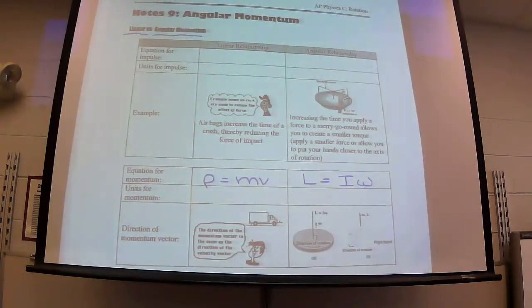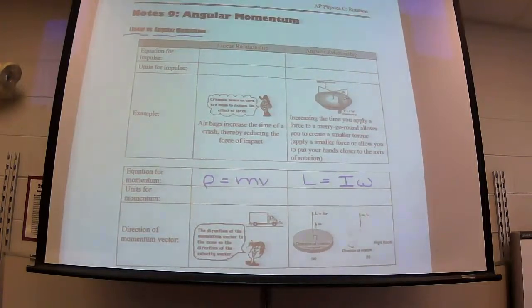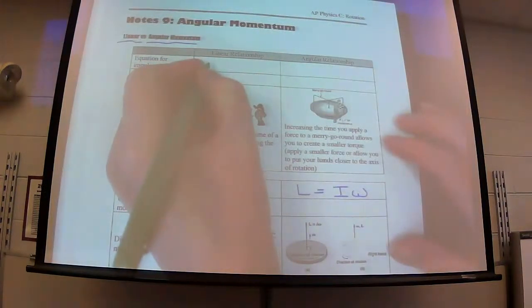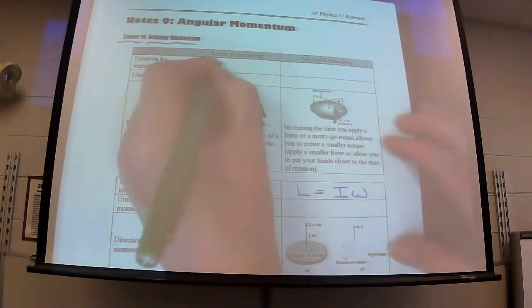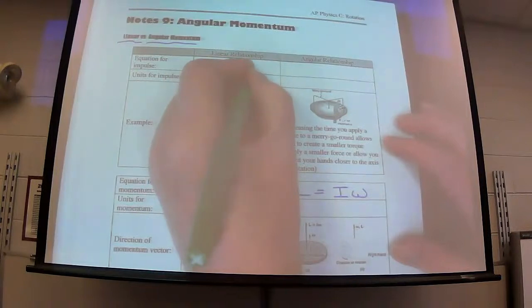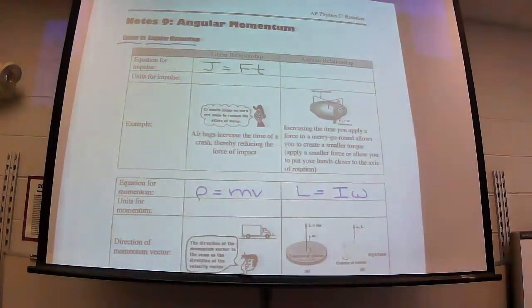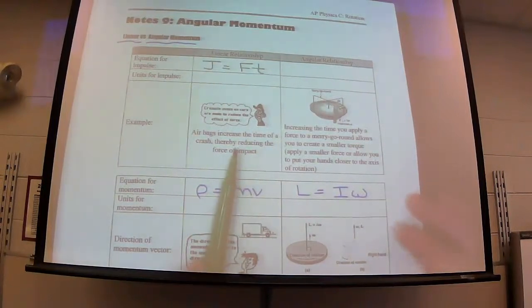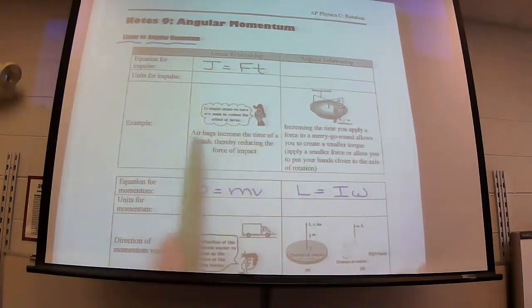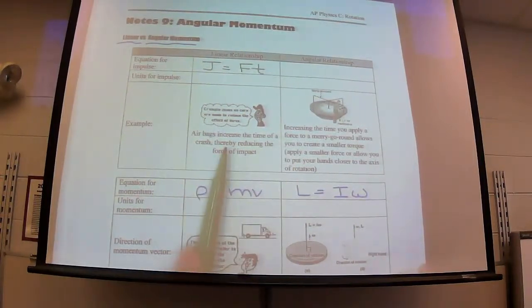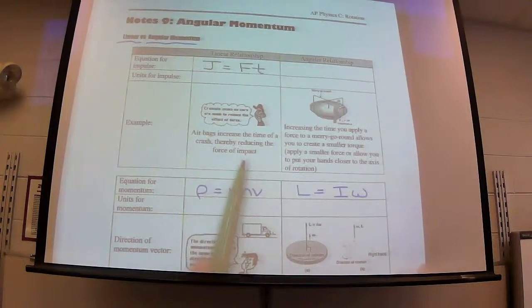All right, popping up to the top. Impulse. An impulse causes a change in momentum. So impulse is J, and that is Ft. We talked about this last year, so I'm not going to repeat it, but I gave you an example so you'd have one in your notes. It says airbags increase the time of a crash, thereby reducing the force of impact.